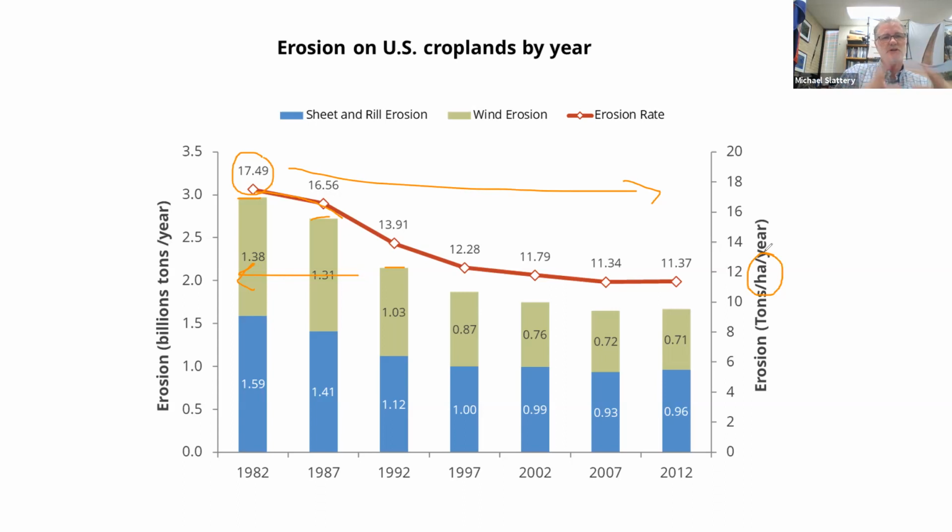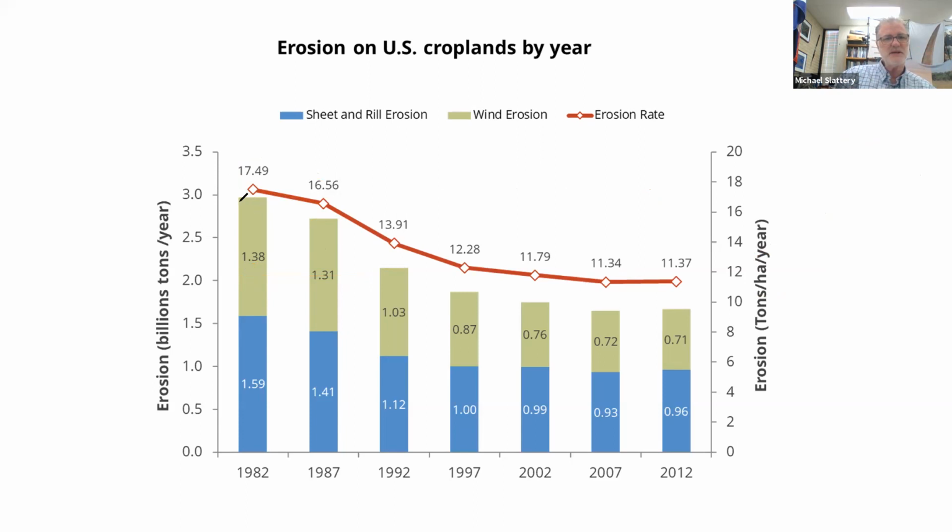So this is on-site erosion in terms of total billion tons, and then expressed as a rate per hectare of cropland, right? And remember, folks, a hectare is 100 meters by 100 meters, or 2 football fields minus the end zones, okay? So what do you take away from this? What can you see?